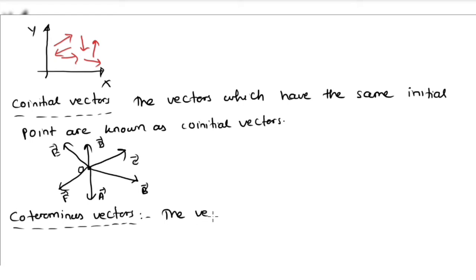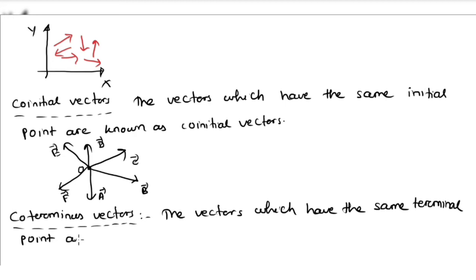The vectors which have the same terminal point are known as coterminous vectors.